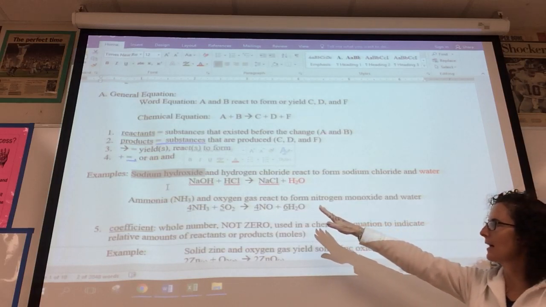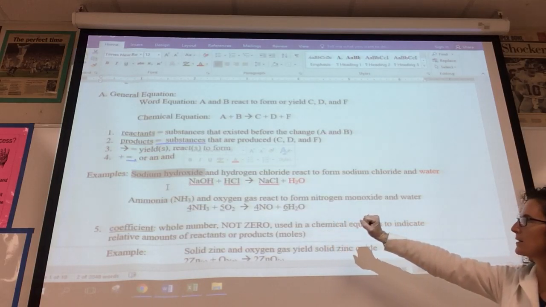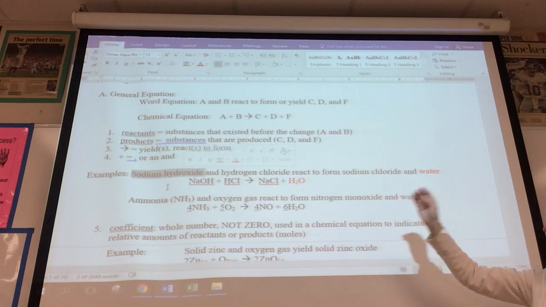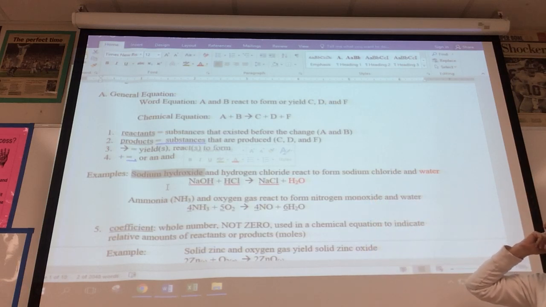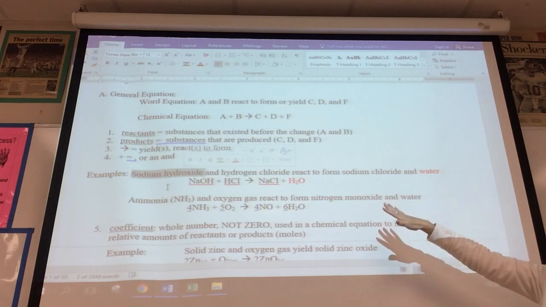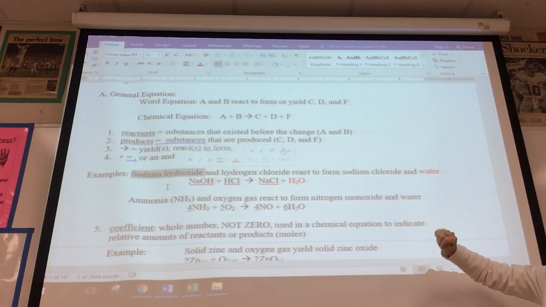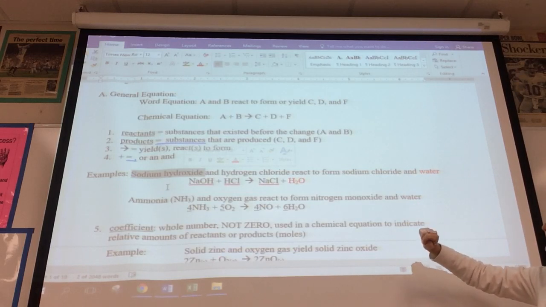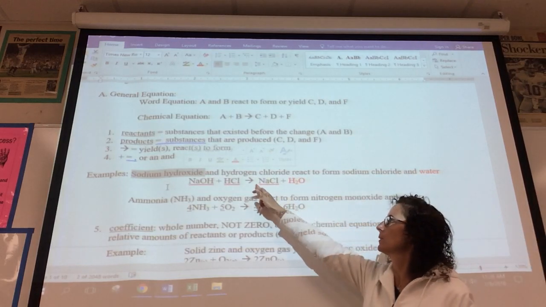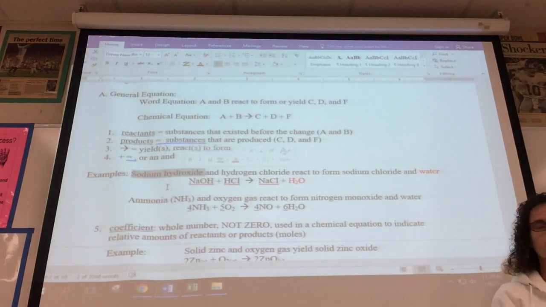Sodium hydroxide, chemical formula NaOH, and hydrogen chloride, HCl, react to form, represented by the arrow, sodium chloride, NaCl, and water. You can see that the ands are replaced with pluses, and react to form is replaced with the arrow.